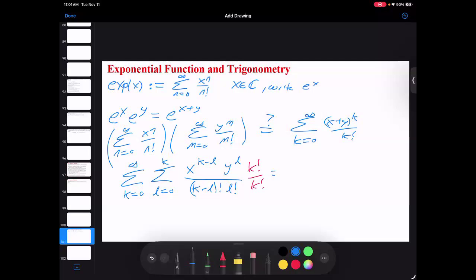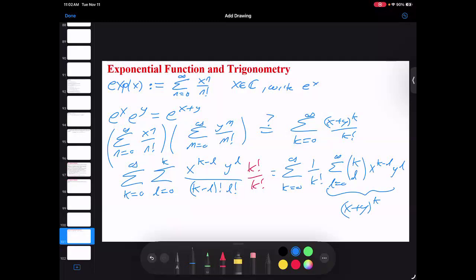So this would then be the sum, k goes from 0 to infinity. I can pull the k factorial in the denominator out. I have a sum, L goes from 0 to k, and I'm going to have k choose L, x to the k minus L, y to the L. But this is just x plus y to the k. And that's the proof. So as long as you can justify moving things around, e to the x times e to the y is e to the x plus y.